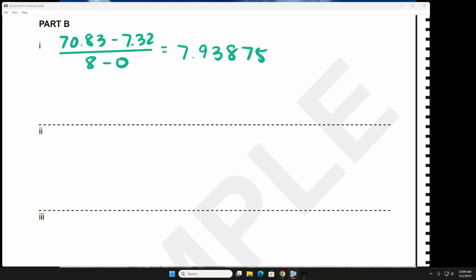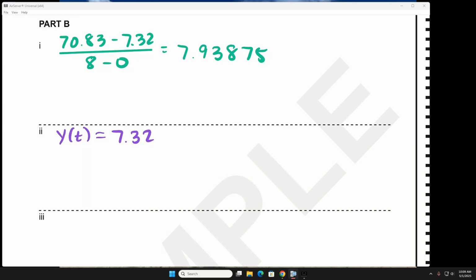Okay, so I'm going to say that y of t is approximately, and then you get to pick. Do you want to use the point (0, 7.32), or do you want to use (8, 70.83)? Okay, using the one with 0 is a good idea. If 0 was one of your points you used to find the average rate of change, definitely it's going to be easier to do that. So we put the 7.32 in for the y1.